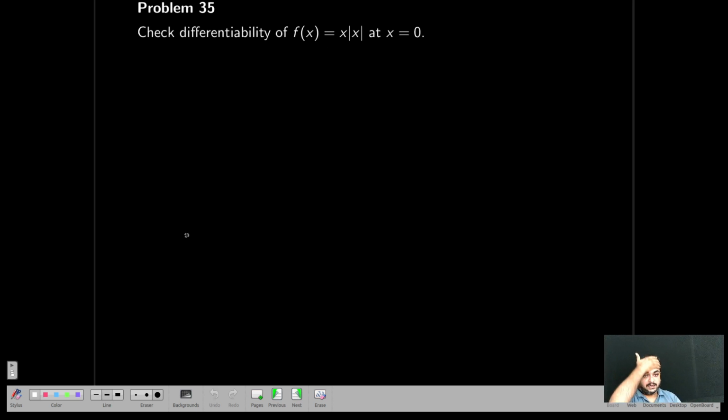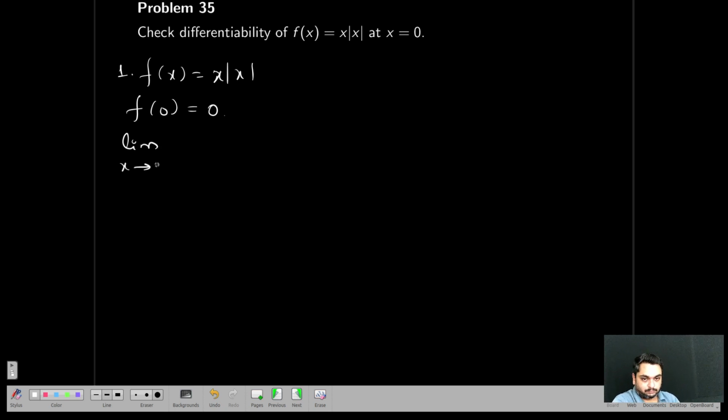Next, check differentiability of f of x equal to x into mod x at x equal to 0. So let us check the continuity. F of x equal to x mod x, f of 0 is 0. Second, the left hand limit as x approaches 0 from the left hand side of x mod x: x into mod x will be x times minus x, which is minus x square.